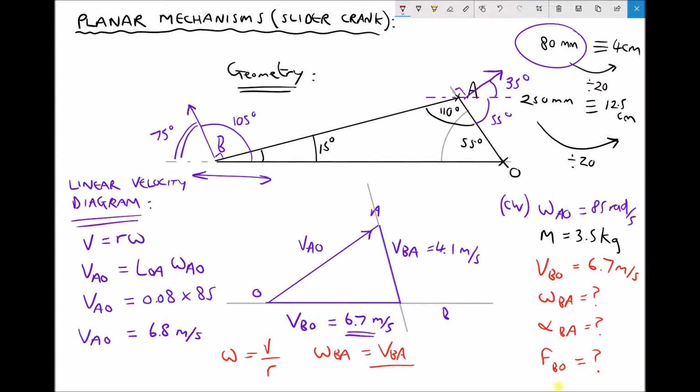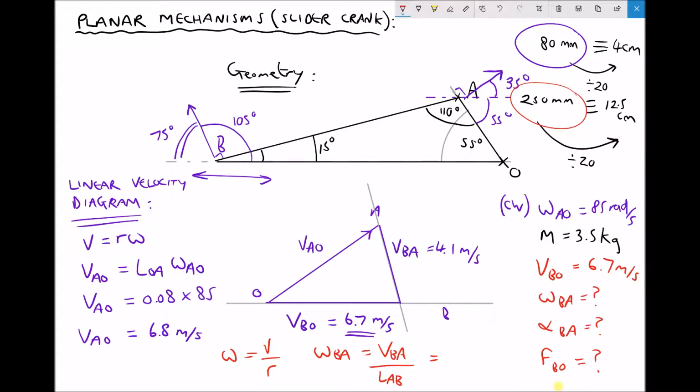Well, the radius of motion here between points A and B is the length of that linkage, the length of the linkage AB. And we know the original length of that is 250 millimetres.